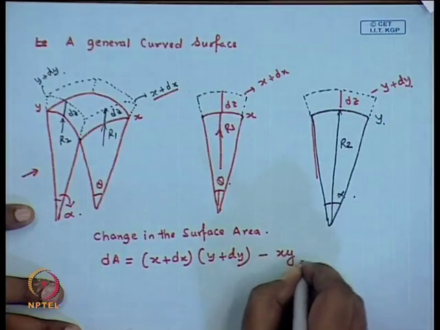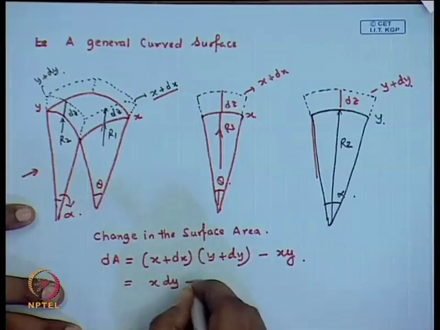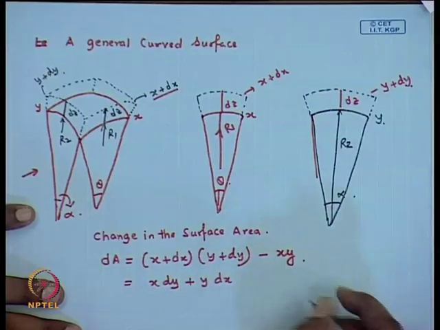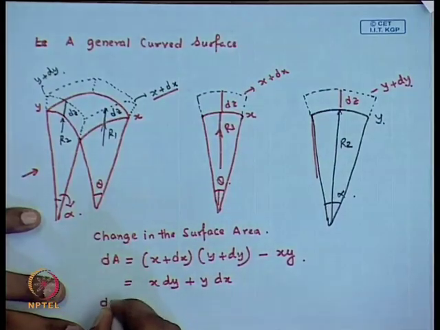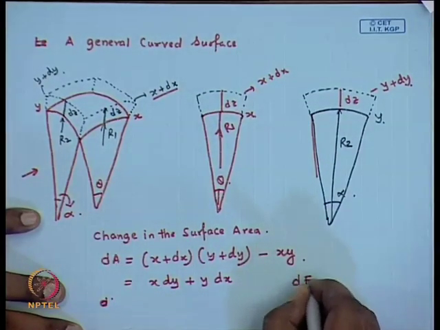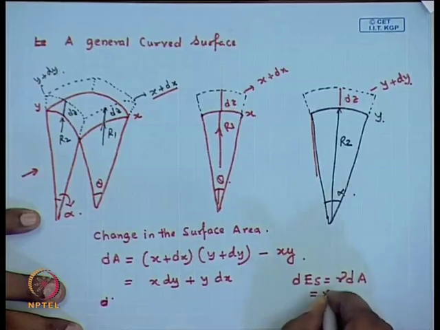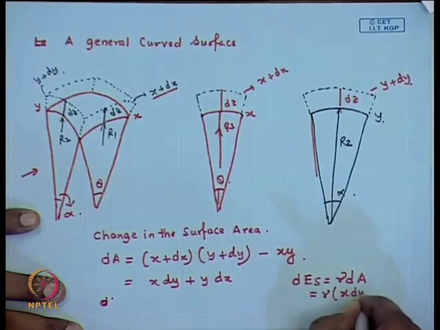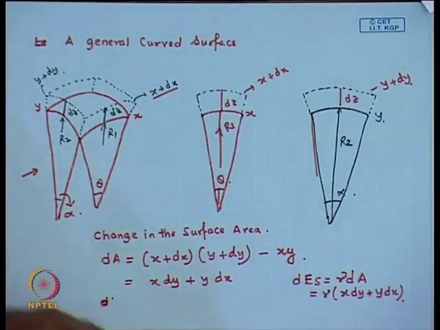It was simply x y. So, it turns out to be x dy plus y dx if you neglect the term del x into del y to be very, very small. Therefore, the corresponding work, which is gamma dA, turns out to be gamma times x dy plus y dx.